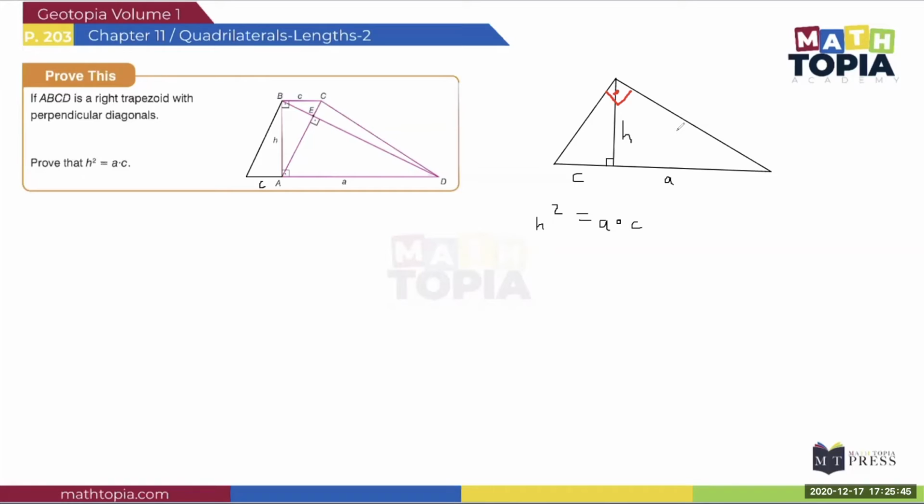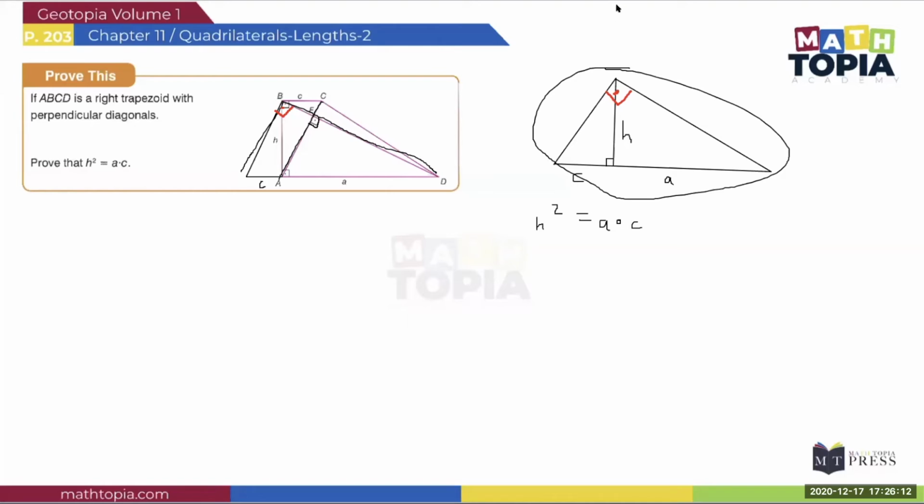Now if this line is a transversal on these two parallel lines, we have corresponding angles. We already know that that is a right angle, and that's where those intersecting diagonals being perpendicular comes into play, because now we know this angle is also right by corresponding angles. So now we can finally declare, using this theorem, that h squared is equal to a times c.